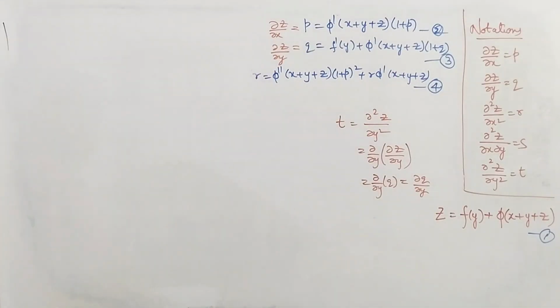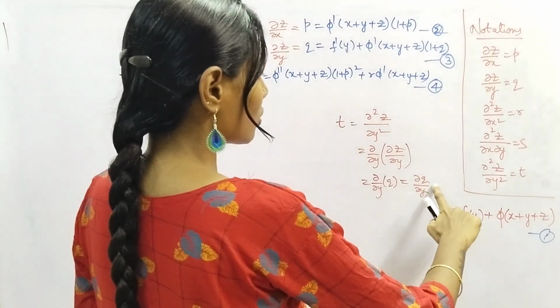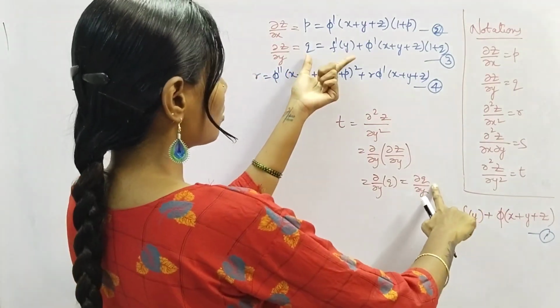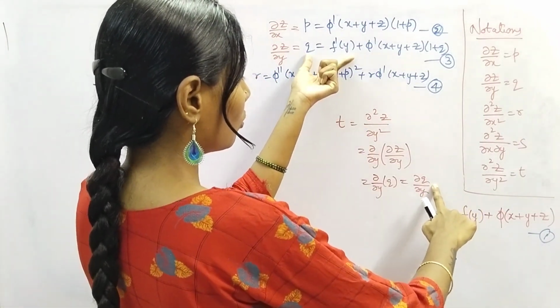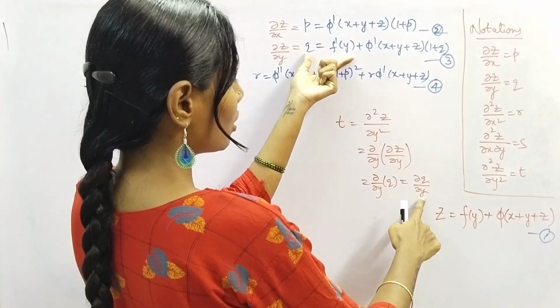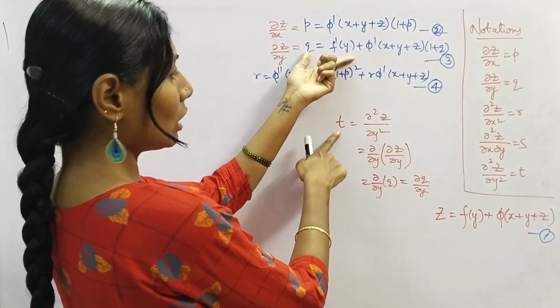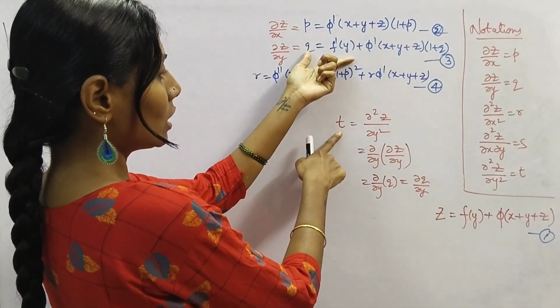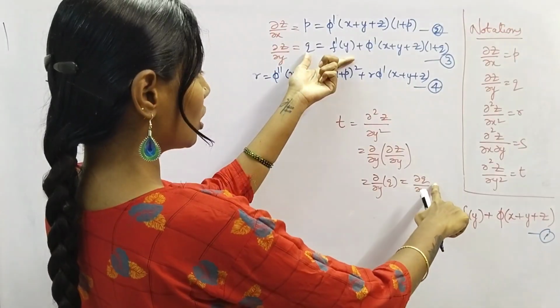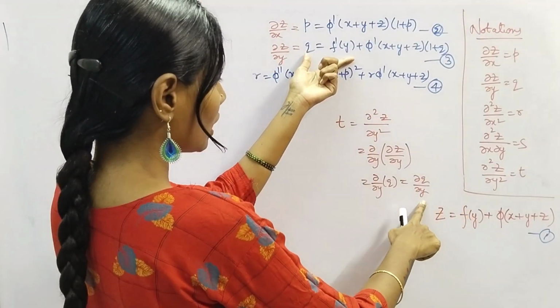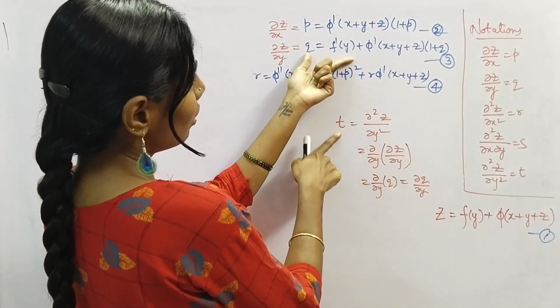So in order to find the equation involving t, observe the equation involving q. So here is the equation involving q. Now by partially differentiating it with respect to y gives the equation involving t.